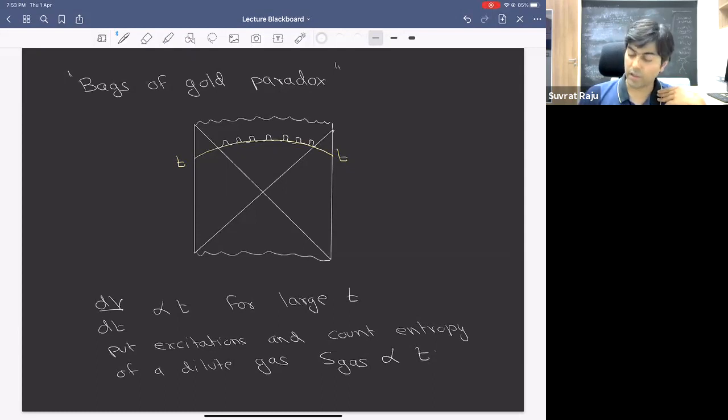So in particular, if you take T to be large enough, for large enough T, the entropy of the gas has become larger. It can even become much larger than the entropy of the black hole itself.